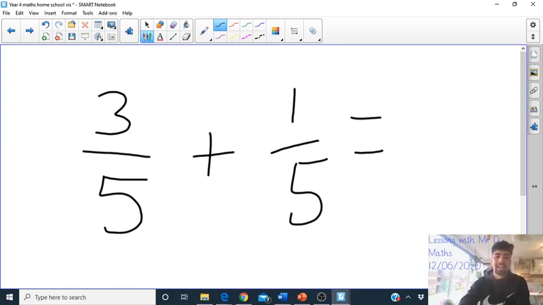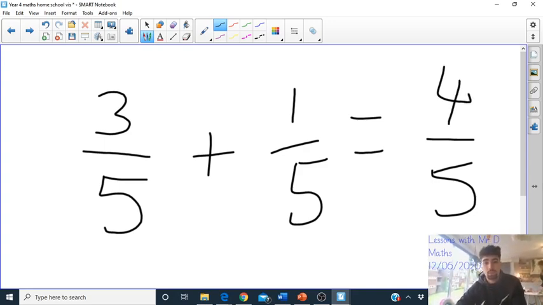Well, I can add these because the denominator is the same. I'm not changing the size of the parts, that stays the same. I'm just changing the amount of parts I have. I have 3, somebody else has 1. 3 plus 1 is 4. I've got 4 fifths. Do I have my whole? No, I do not, because I've only got 4 of my fifths. The numerator and denominator are not the same. How many parts have I got left?